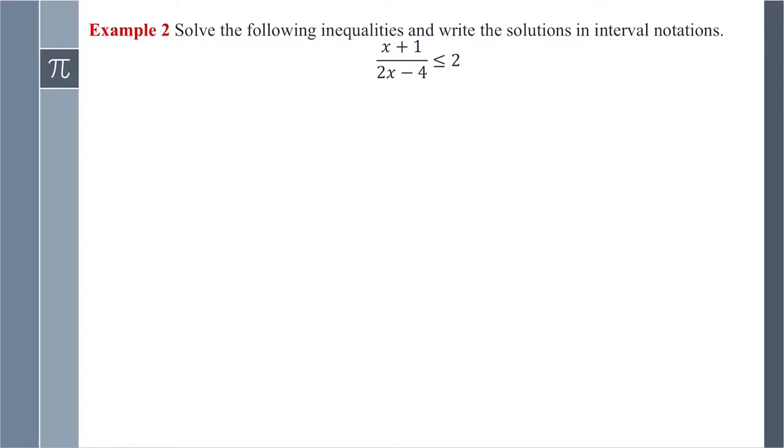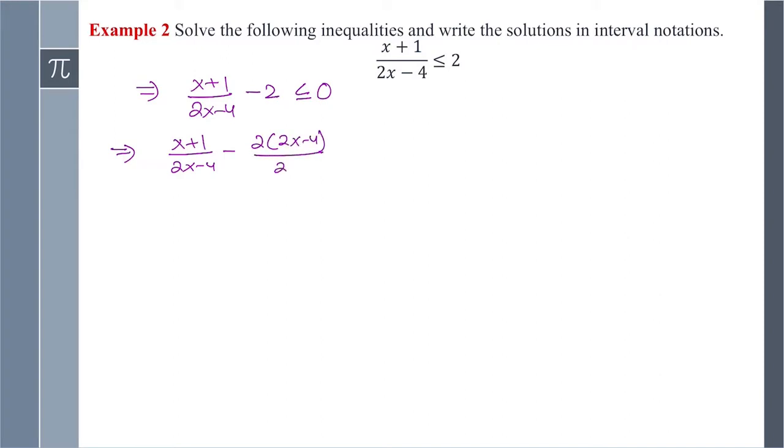So what we are going to do is, first thing, we put everything on one side and make 0 on the other side. So if we subtract 2 from both sides, we get (x plus 1) over (2x minus 4) minus 2 is less than or equal to 0. Now here we need to make a common denominator, so we have (x plus 1) over (2x minus 4) minus 2 times (2x minus 4) divided by (2x minus 4) is less than or equal to 0.